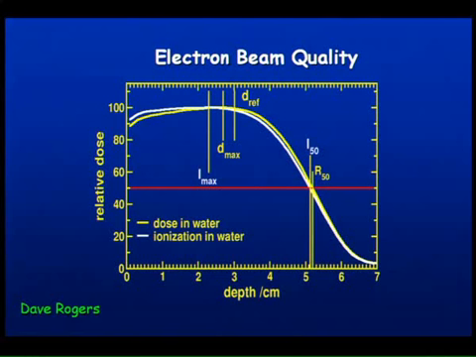The protocol gives you a reference depth, which is dref, which is not necessarily the depth of Dmax. So if you are calibrating at the reference depth and you want to go to Dmax, you need a percentage depth dose curve. The depth dose curve is obtained from the depth ionization curve by multiplying by the water to air stopping power ratio and other perturbation factors.